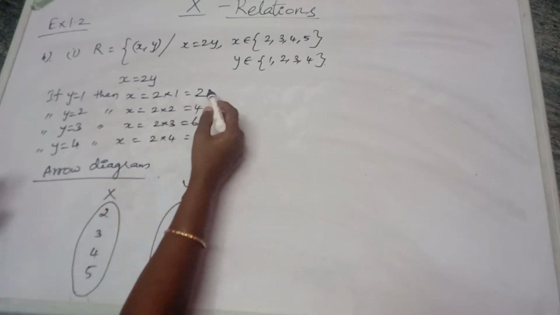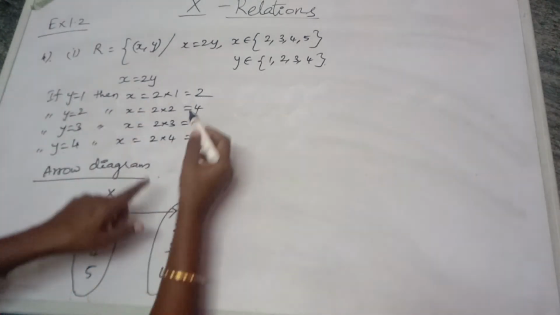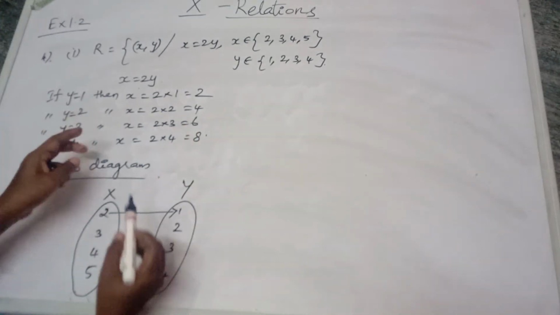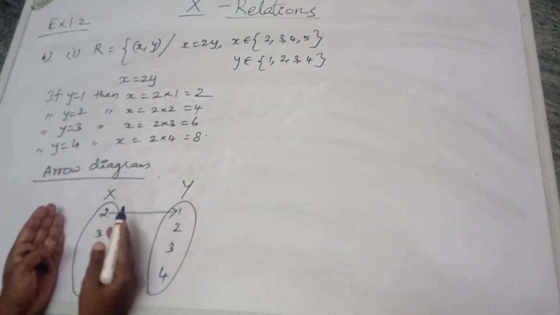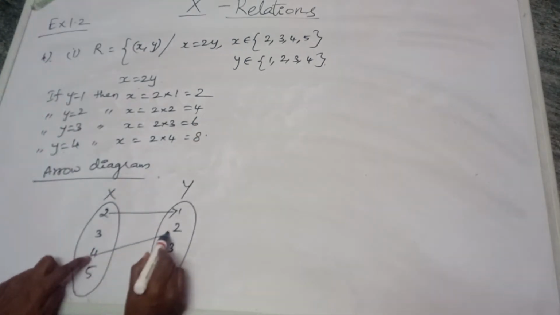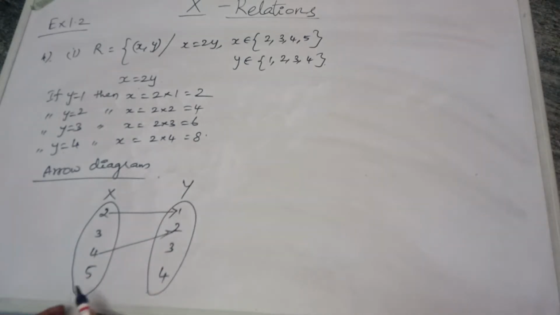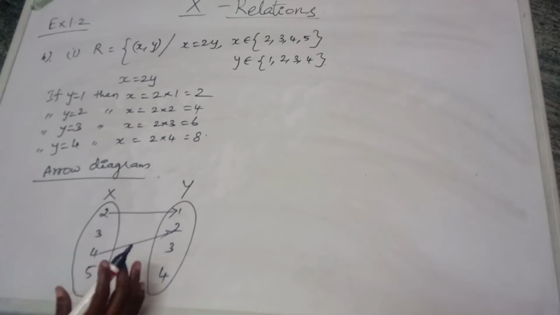Okay, so 2 is related to 1 here, so this 2 is related to 1. And then this 4 is related to 2 because x is the first set. Okay, so this 4 is related to 2. And then 6 and 8 are not there in x. Okay, so only these 2 pairs of elements are in the arrow diagram. Okay, this is the arrow diagram.